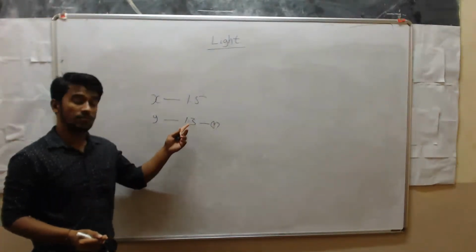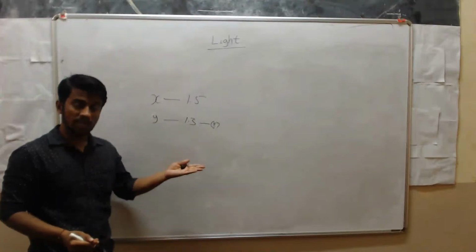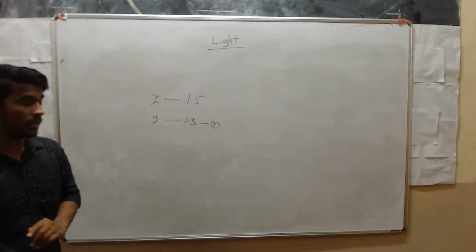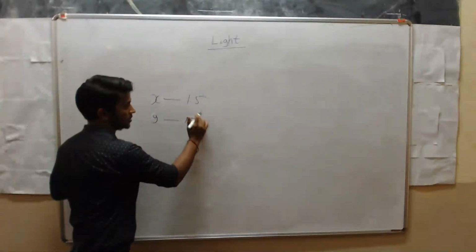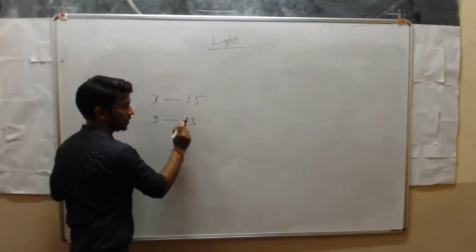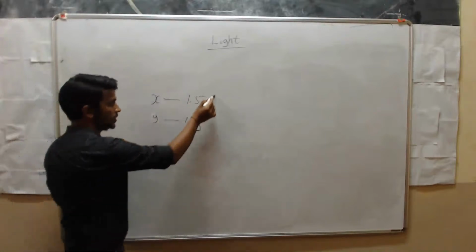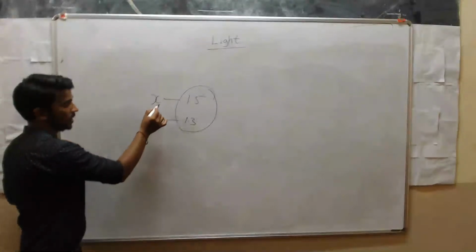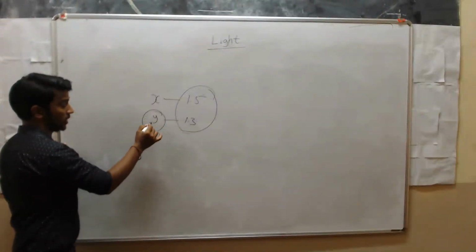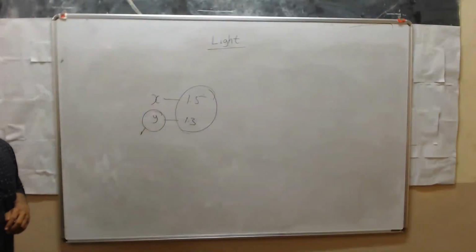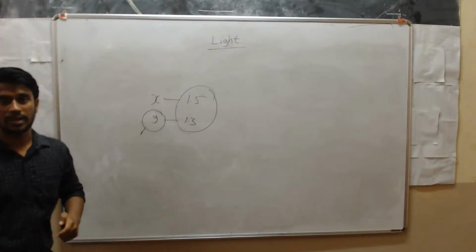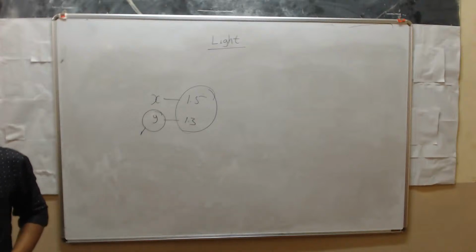If the refractive index of the medium is more, then the speed of light decreases more. So the speed of light in Y medium is more than the speed of light in X medium. Okay.